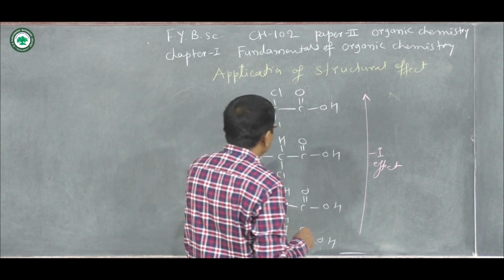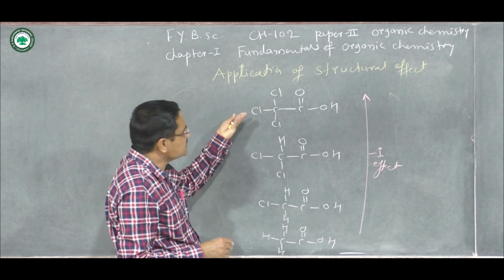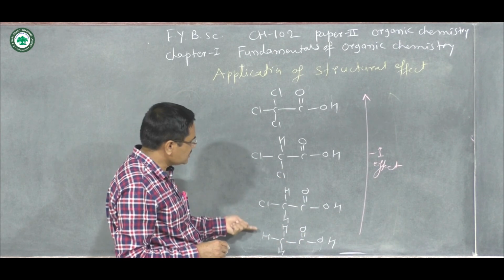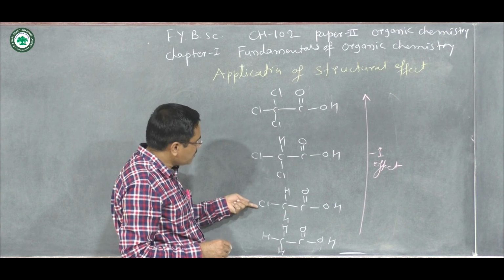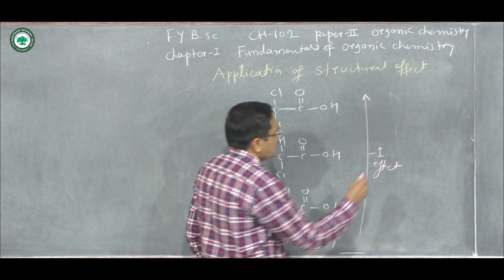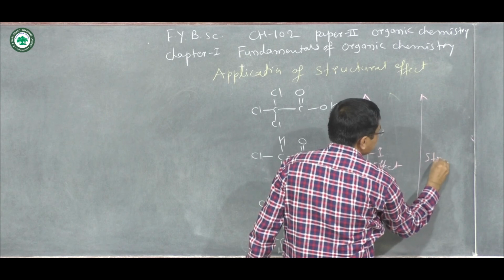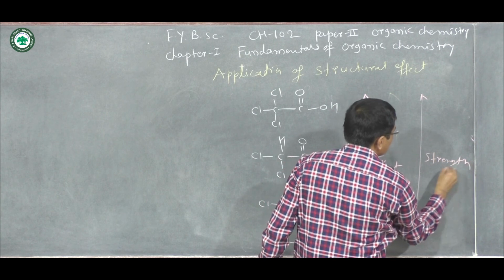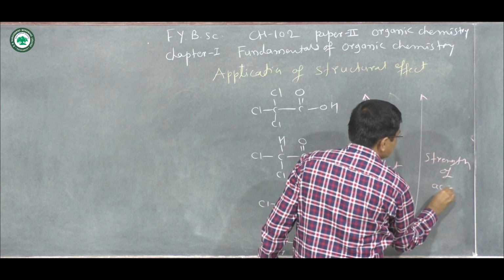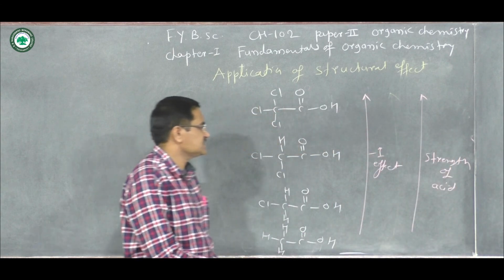Hence here minus I effect increases due to the increase in the number of chlorine atoms, and the strength of acid also increases.